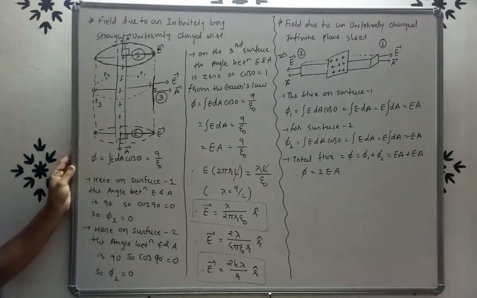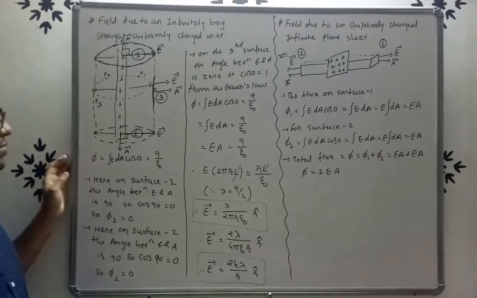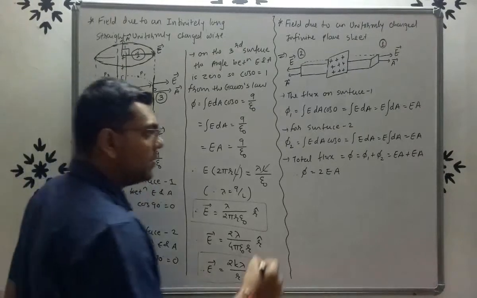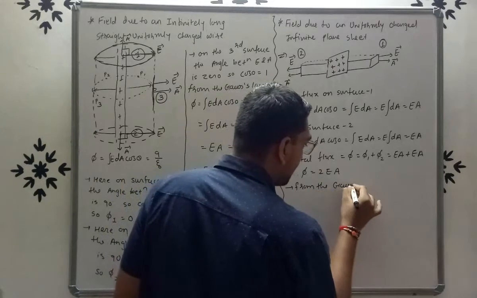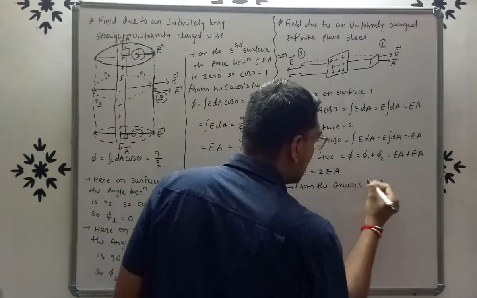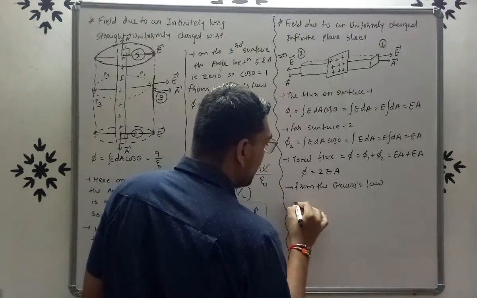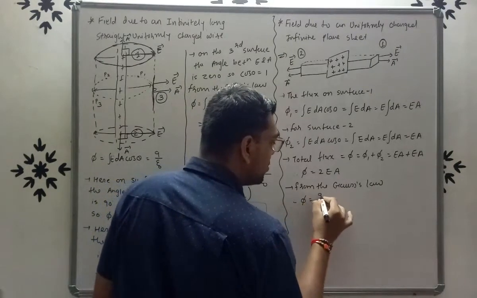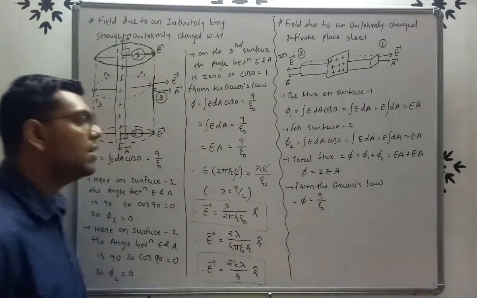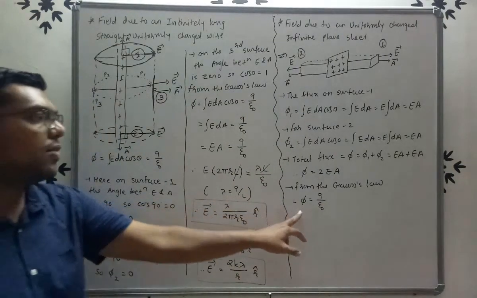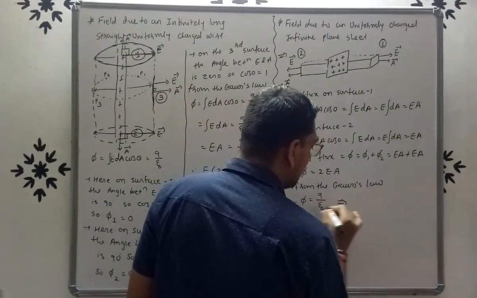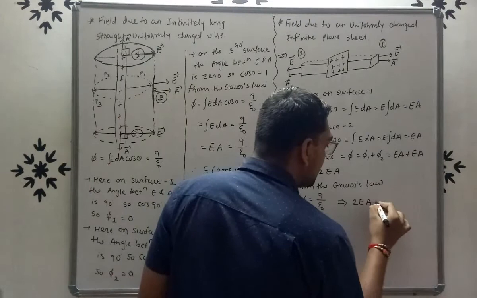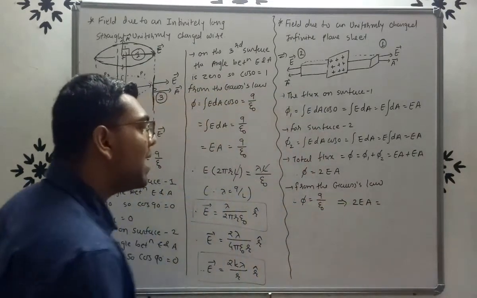Now we have to find the electric field. To find the electric field, once again we use the Gauss law. From the Gauss law, we know the equation phi is equal to Q by epsilon 0, right? The value of flux is 2EA, so the total flux phi is equal to 2EA is equal to Q by epsilon 0.